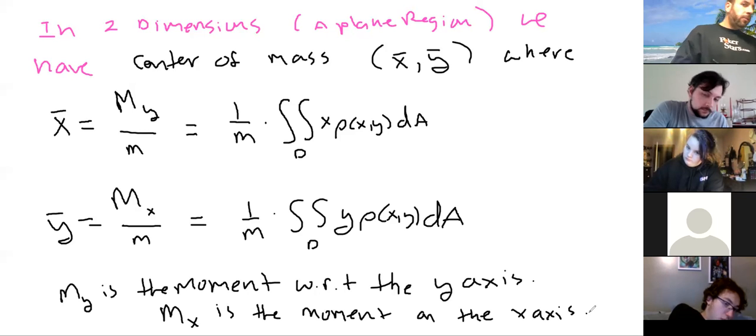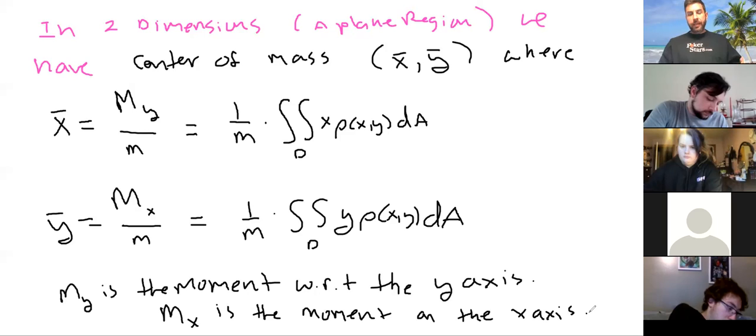So one of the things that students often ask is, why is it called m sub y if there's an x in that integral, and vice versa? Well, again, you need to think about that. You need to draw pictures. You need to convince yourself why we would say that this is called the moment with respect to the y-axis.